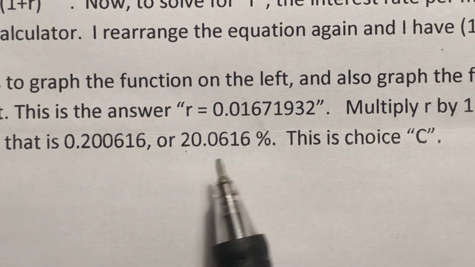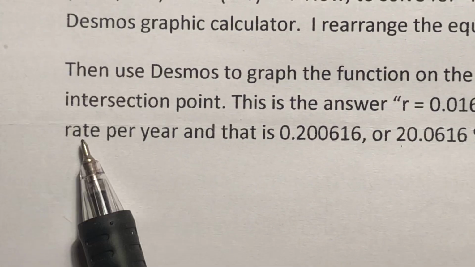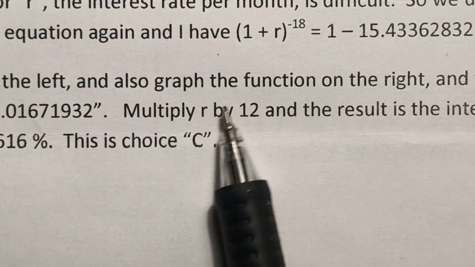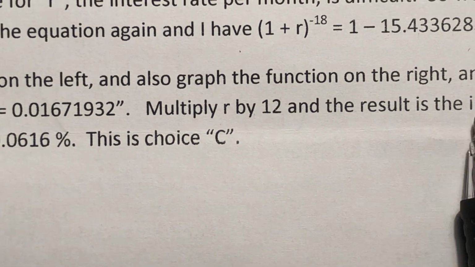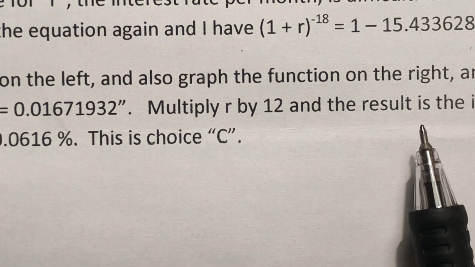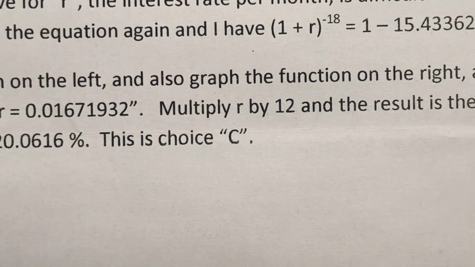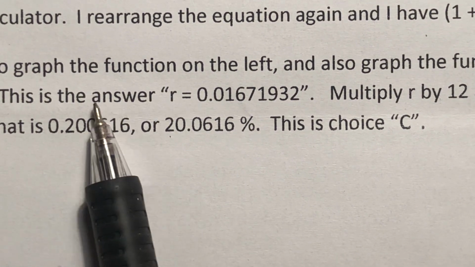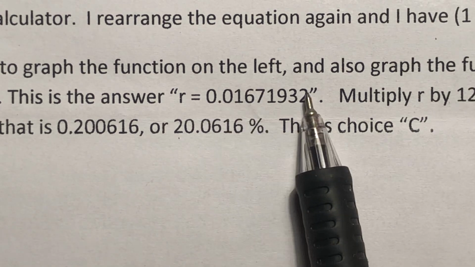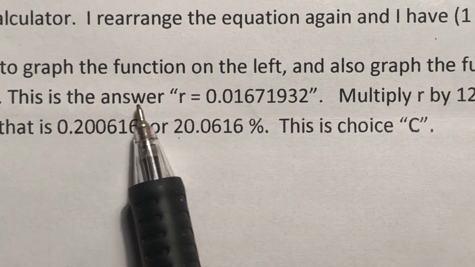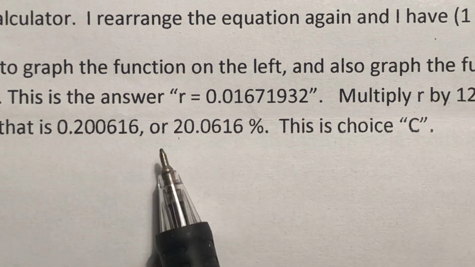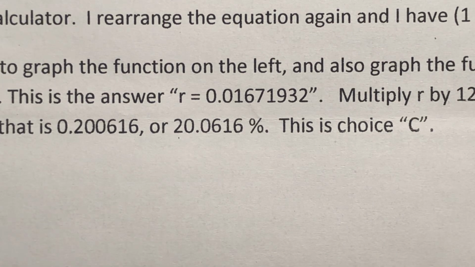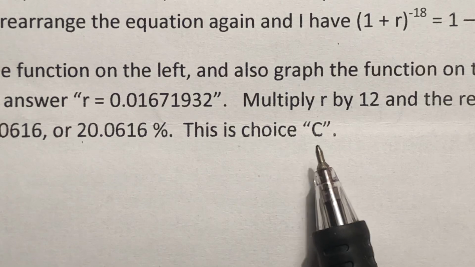Multiply r by 12, and the result is the rate yearly. Multiply this number by 12, I get this. Change this to percentage, it is 20.06%. This is choice C.